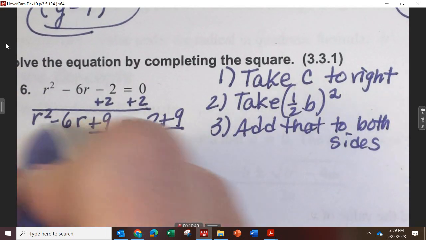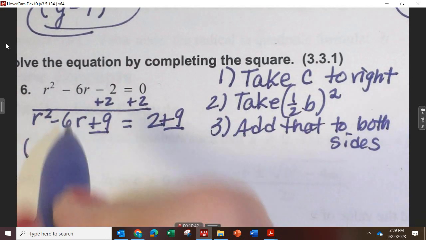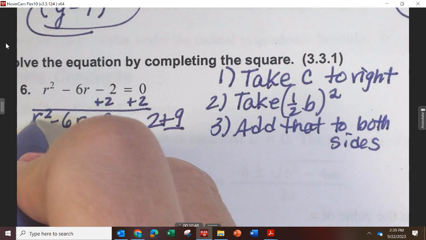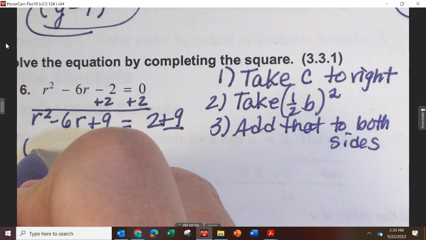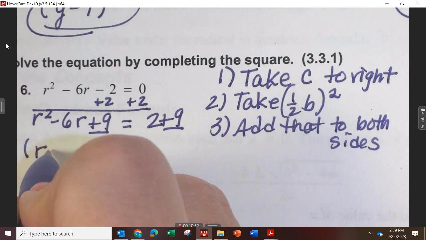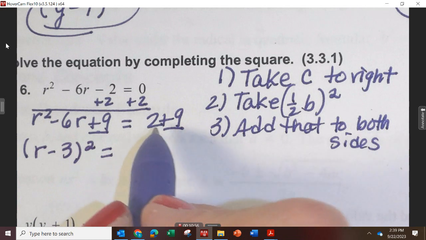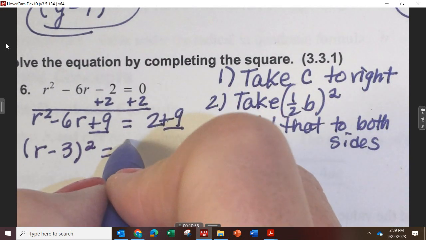Okay, now I want another name for this in factored form. Do you guys know how this factors? On the left, square root of the first, the sign, square root of the last. What is it? (r minus 3) quantity squared. And then on the right, I've got 2 plus 9, which is 11.